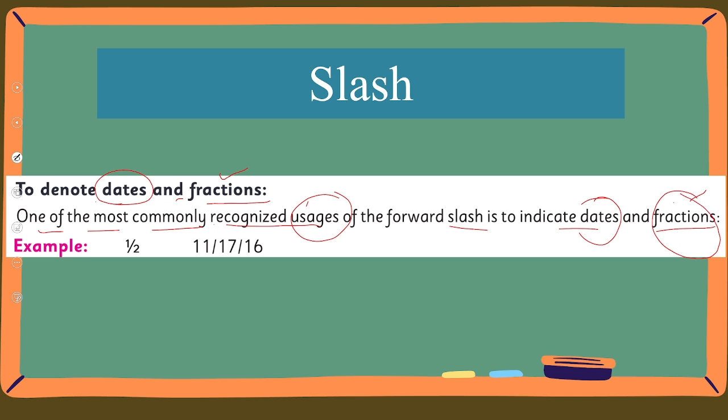Here is an example. This is half of something. It is shown by 1/2, and we have used our forward slash. In order to separate day, month, and year, we can use the forward slash.